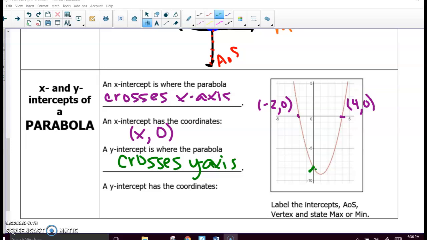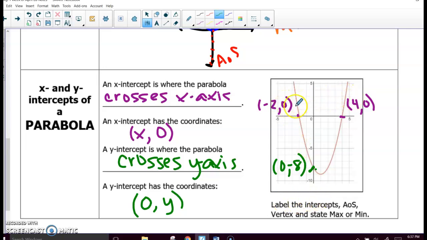A y-intercept has the coordinates of an x value of 0, and then our y value at the value where it crosses the y-axis. So in this particular point here, we can see that it crosses the y-axis at -8. So the coordinates are 0, -8.